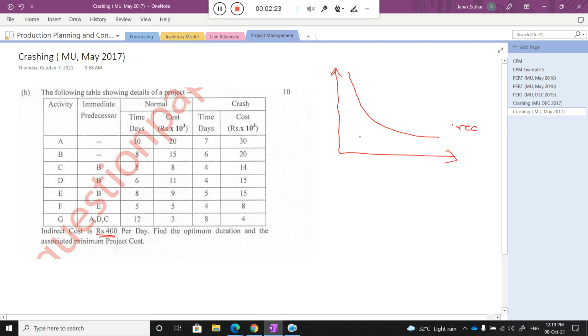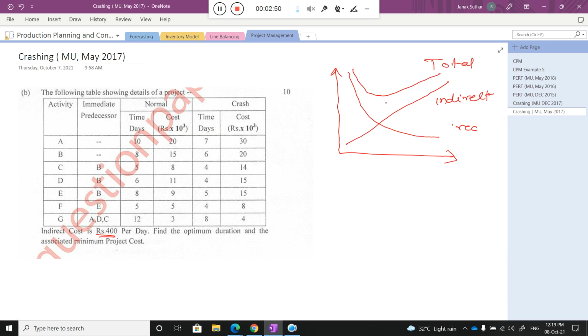So this one is the indirect cost. What is the intention of the project manager? The project manager wants to focus on the total cost. The indirect cost plus the direct cost is the total cost, and I want to reduce that.